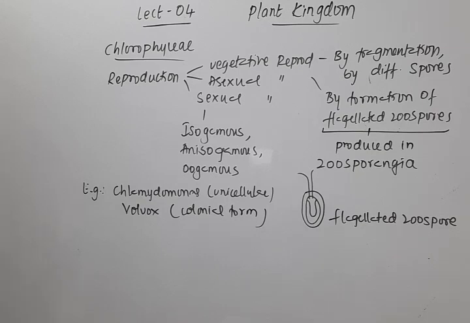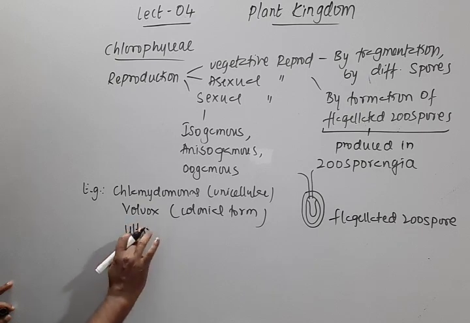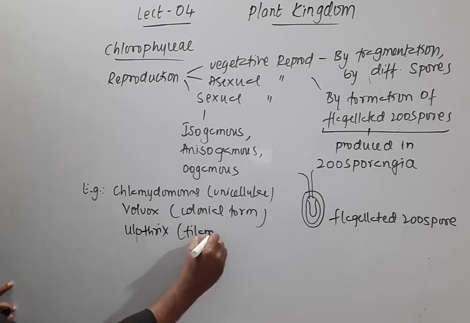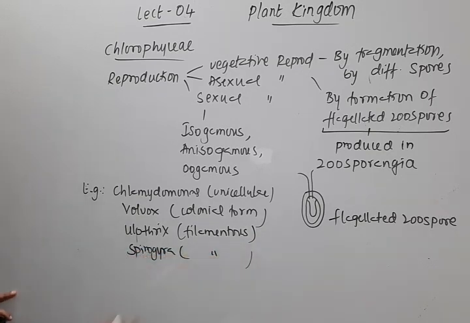Next, Ulothrix is filamentous. Then Spirogyra is also filamentous.